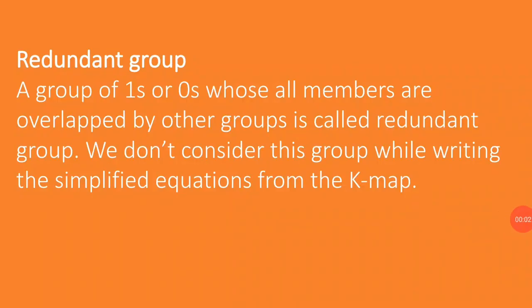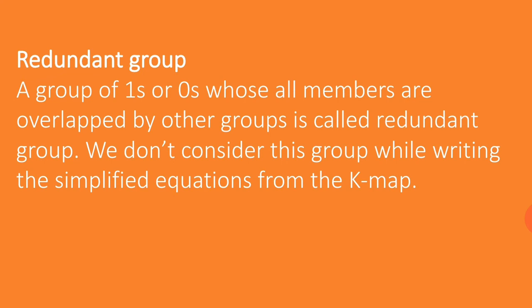Now students, redundant group. It is a group of ones or zeros whose members are all overlapped by other groups. It is called a redundant group. We do not consider this group while writing the simplified equations from the K-map. So basically we all know that K-map is used to minimize the SOP or POS expression.